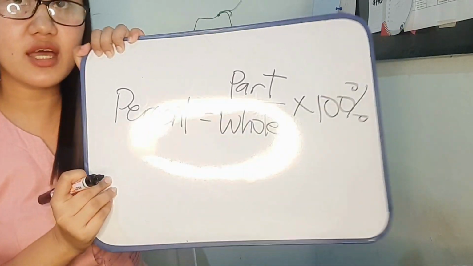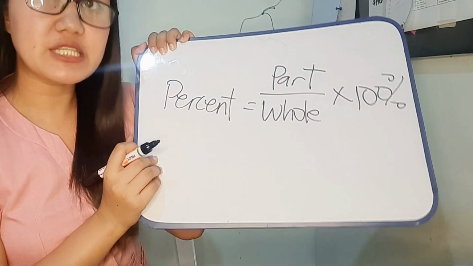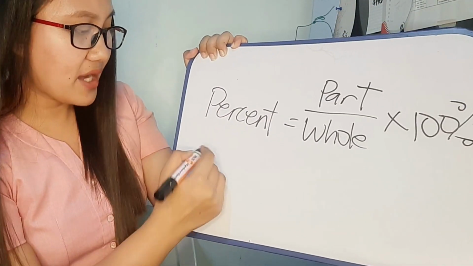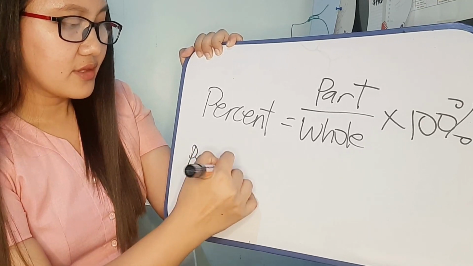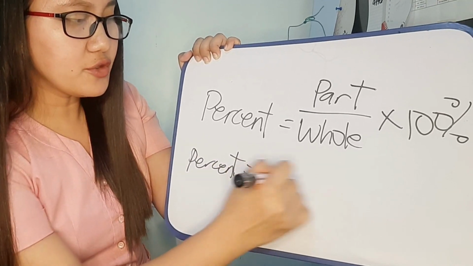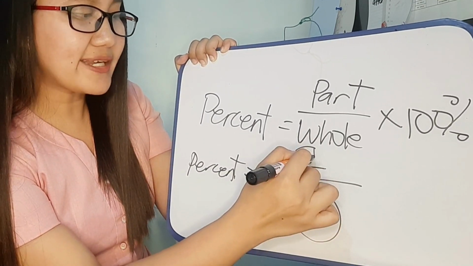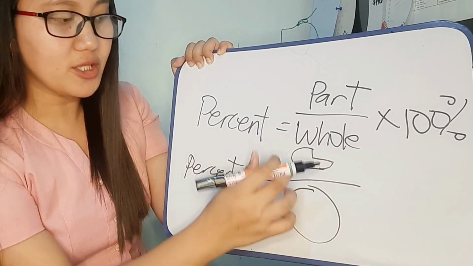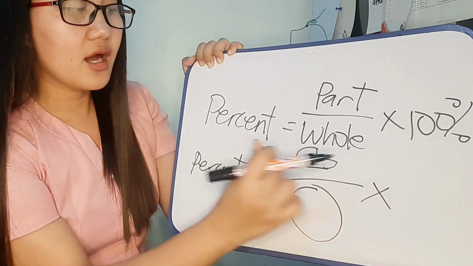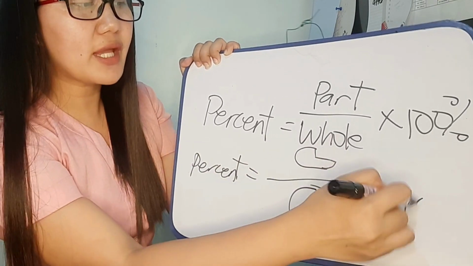So, ito kung paano natin kuhanin ang percent. Kumbaga, kung ito yung isang bilog, kasi ito yung whole, itong nasa taas, part lang siya ng isang whole, and then i-divide natin siya, and then we multiply it by 100. Okay, since sinabi natin dito na yung percentage, ito yung pagkuha ng percent ng isang element sa given compound.